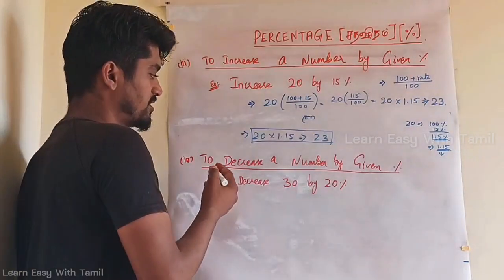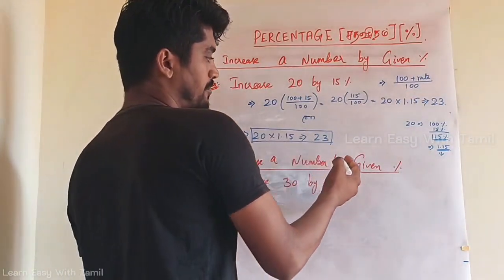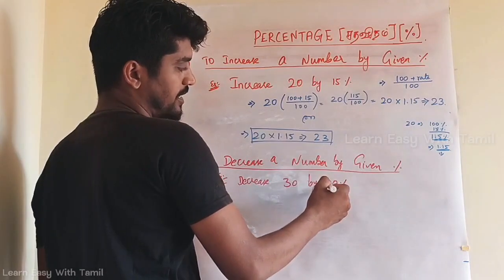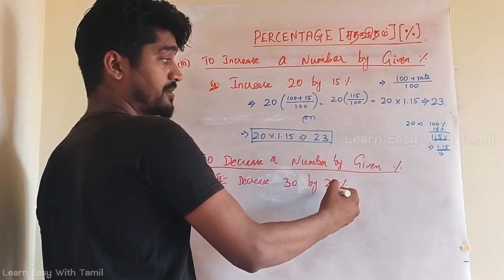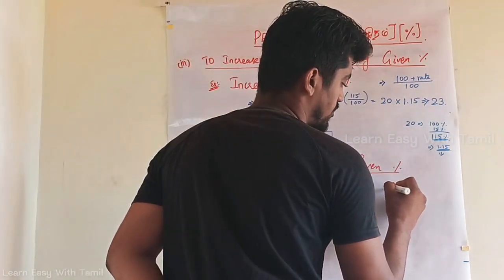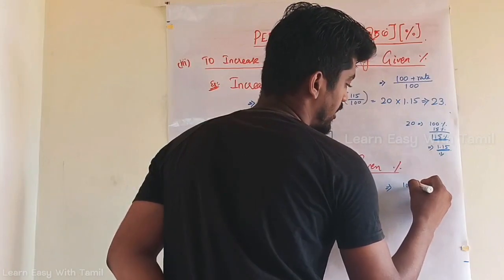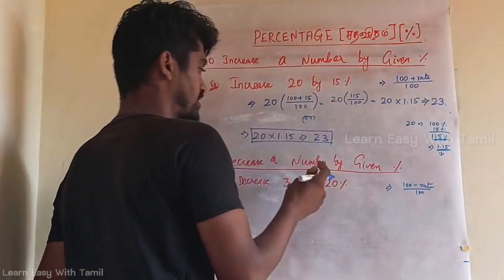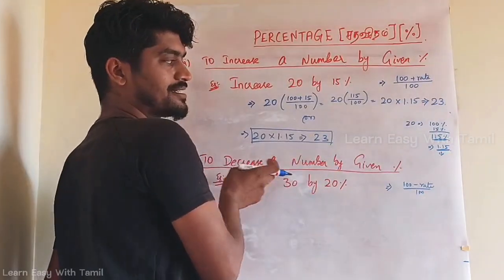The next method is to decrease a number by a given percentage. Here the given number is 30 and the percentage is 20 percent. Here the formula is 100 minus rate divided by 100, because the number is decreased.